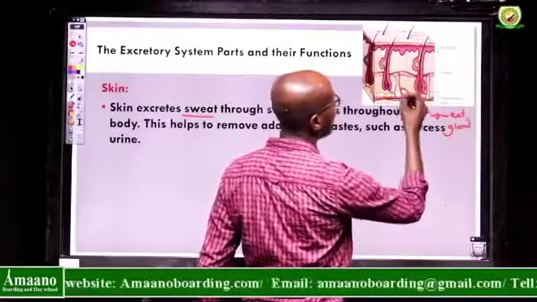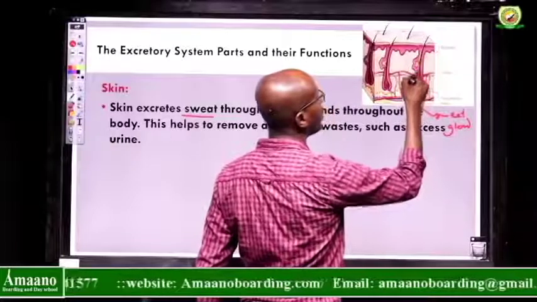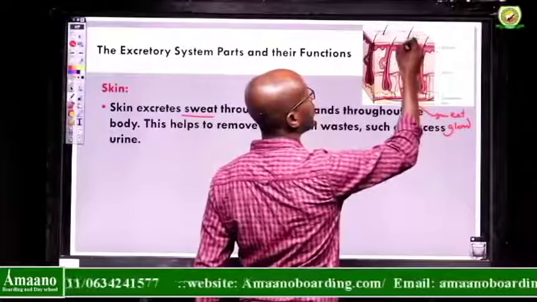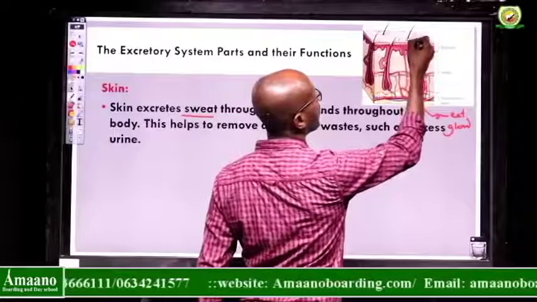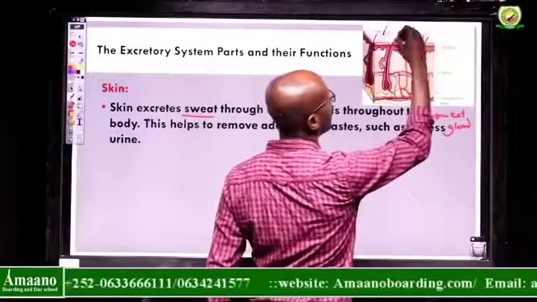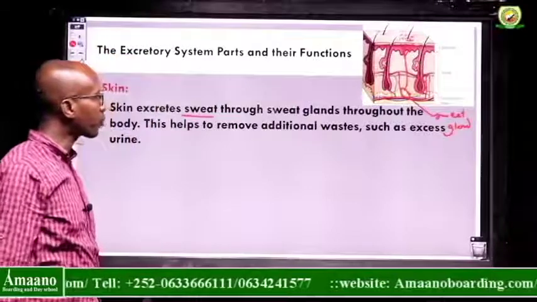These glands collect excess water and salts from the body, and then through the sweat ducts they put these products onto the surface of the skin. So when water reaches here, it will evaporate.